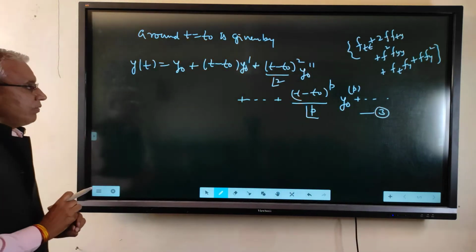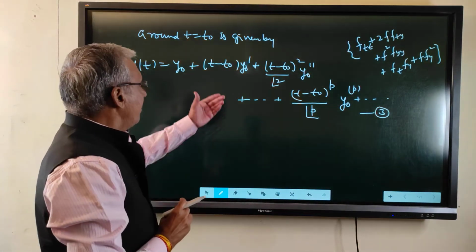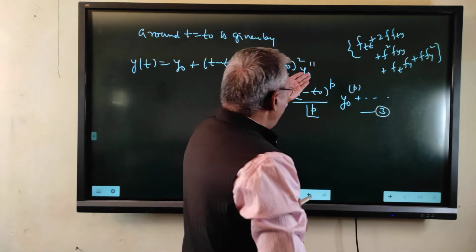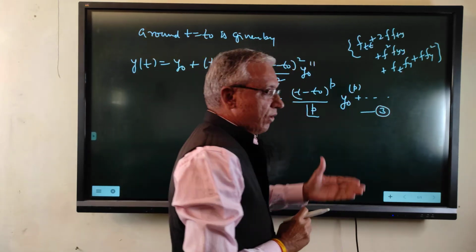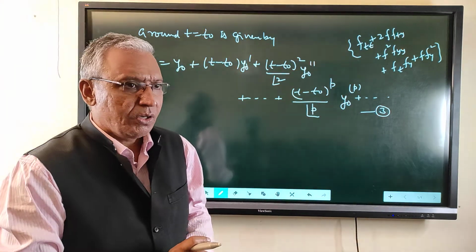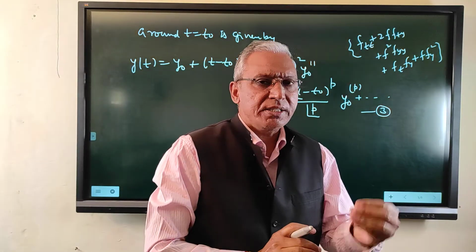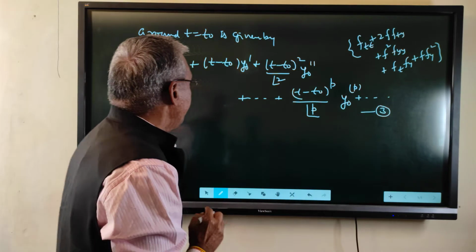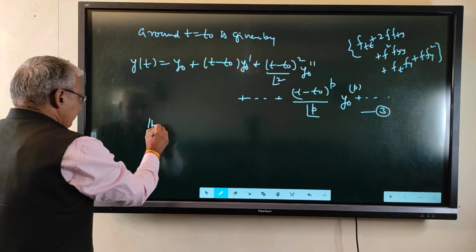The values of y0', y0'', y0''' and so on can be found by using the formula of total derivative.